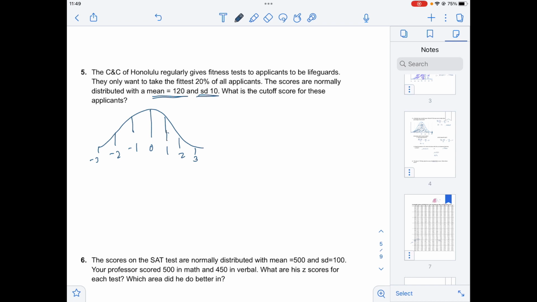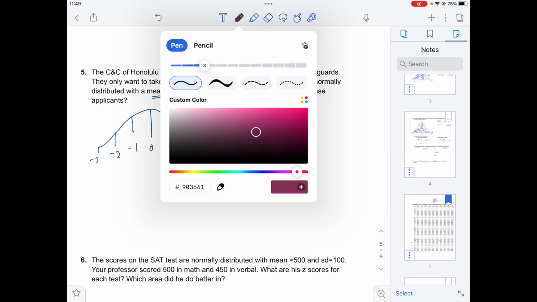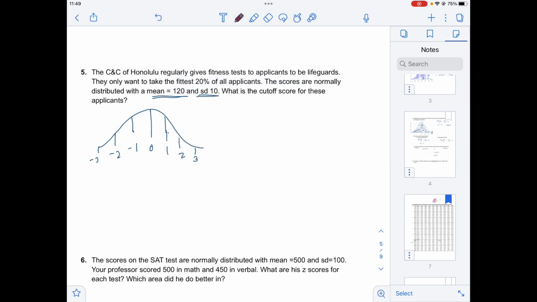All right, so if we think about what's happening for this particular one, we have some values. We know that the mean is 120, and it goes by standard deviation of 10, so it's 130, 140, 150, and so on, and then 110, 100, and 90. We want to find where the top 20% of the applicants is.